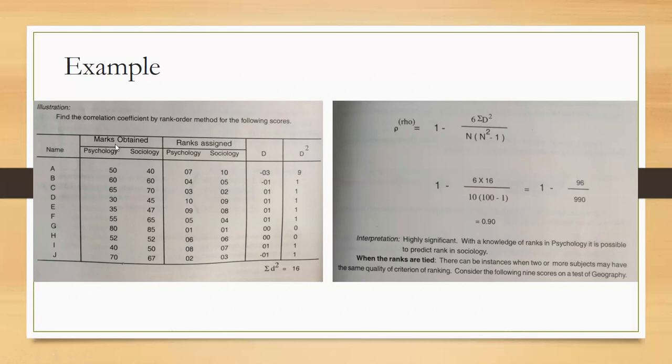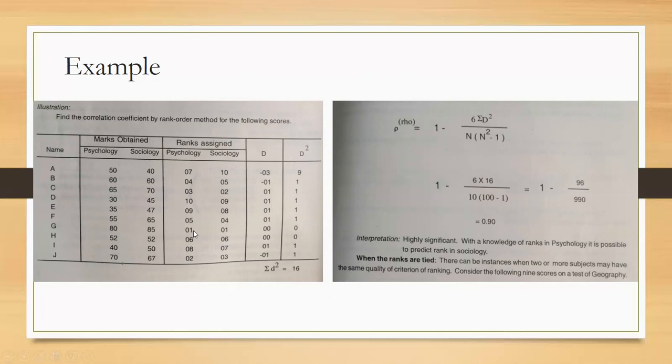If I'm looking at the marks obtained for psychology, the biggest number I am finding here is 80. So I'm going to give 80 the first rank because it is the highest number. I've written here 1.